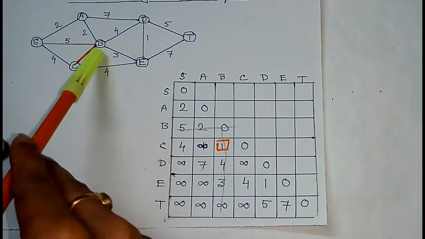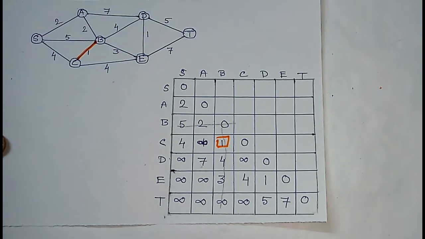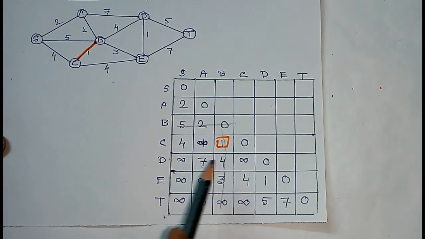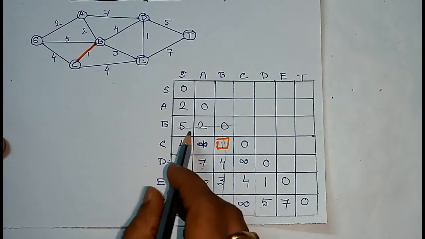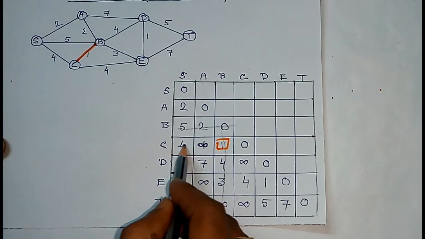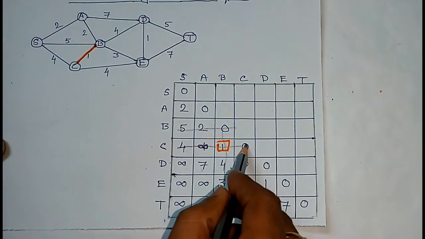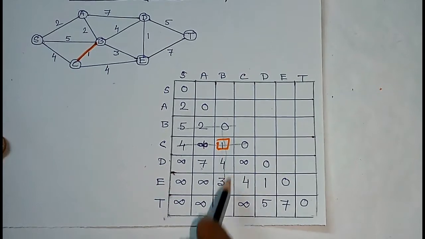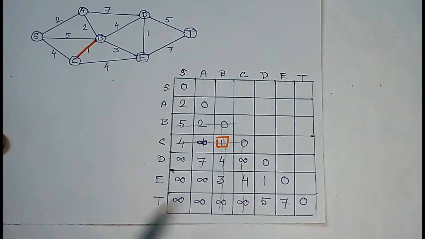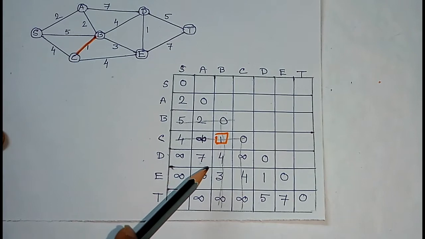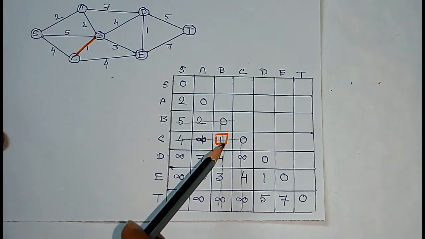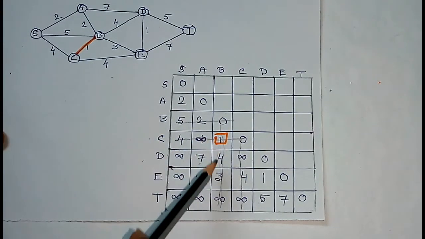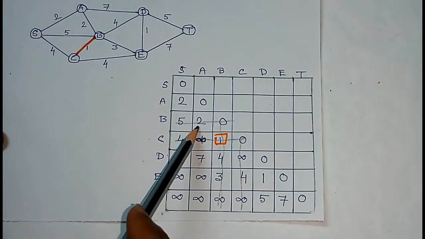Since we are adding B and C, in the next step we have to consider all the elements from the rows of B and C, as well as from the columns of B and C. Here we see that the next minimum element from these 2 rows and 2 columns is 2.